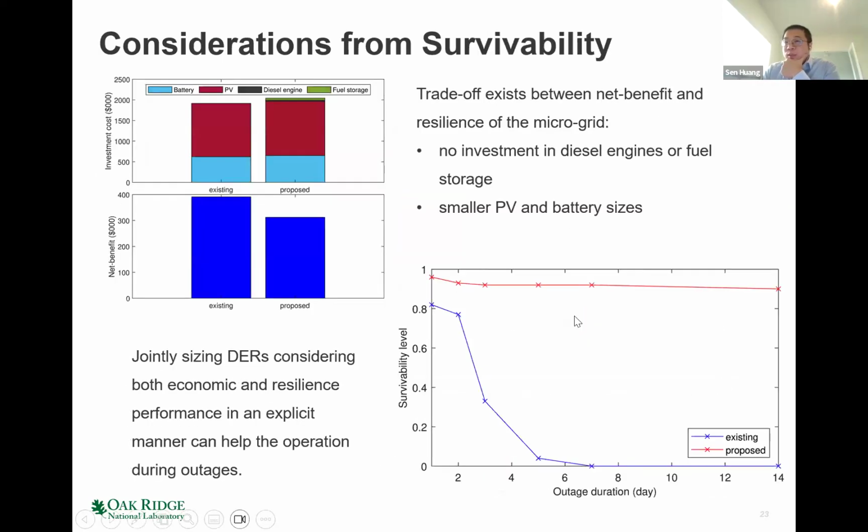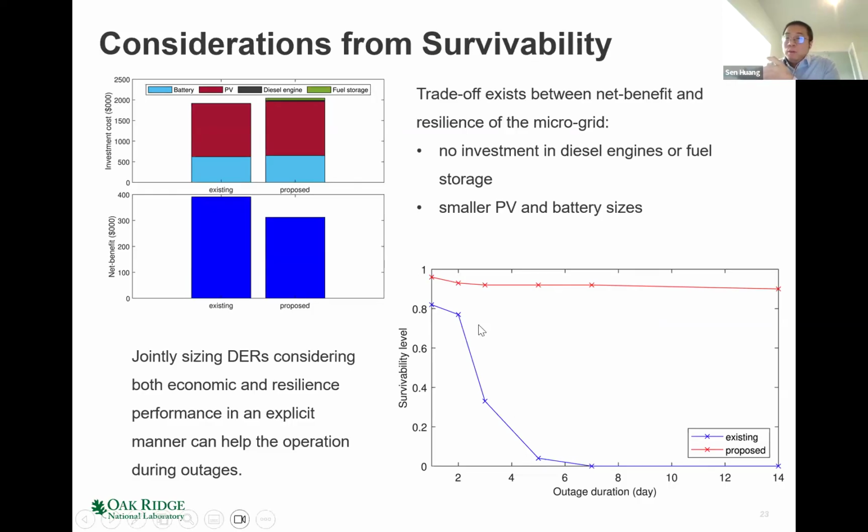But if we consider survivability, the results are totally different. We consider the same kind of randomly selected uncertainty inputs, and then we calculate how much chance we can survive based on the length of the outage in days. You can see with the design where there's no DR, we can definitely reduce cost.